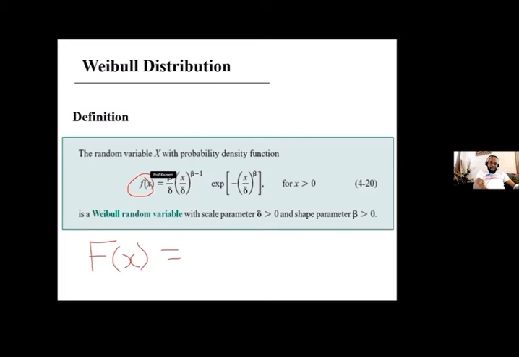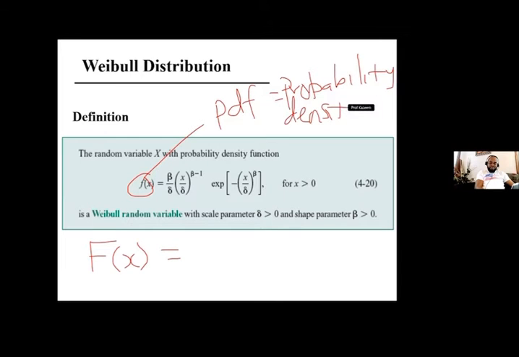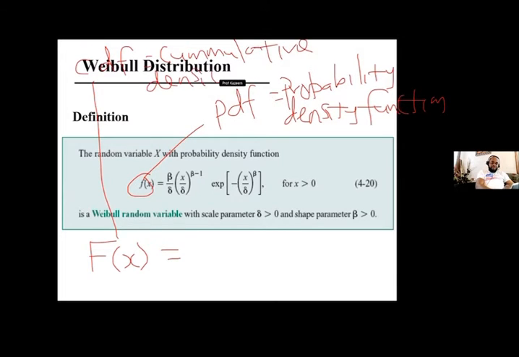A lowercase f is the PDF, which we call the probability density function. But the uppercase F, which we call the CDF, is the cumulative distribution function. There's a difference between the cumulative distribution function and the probability density function.